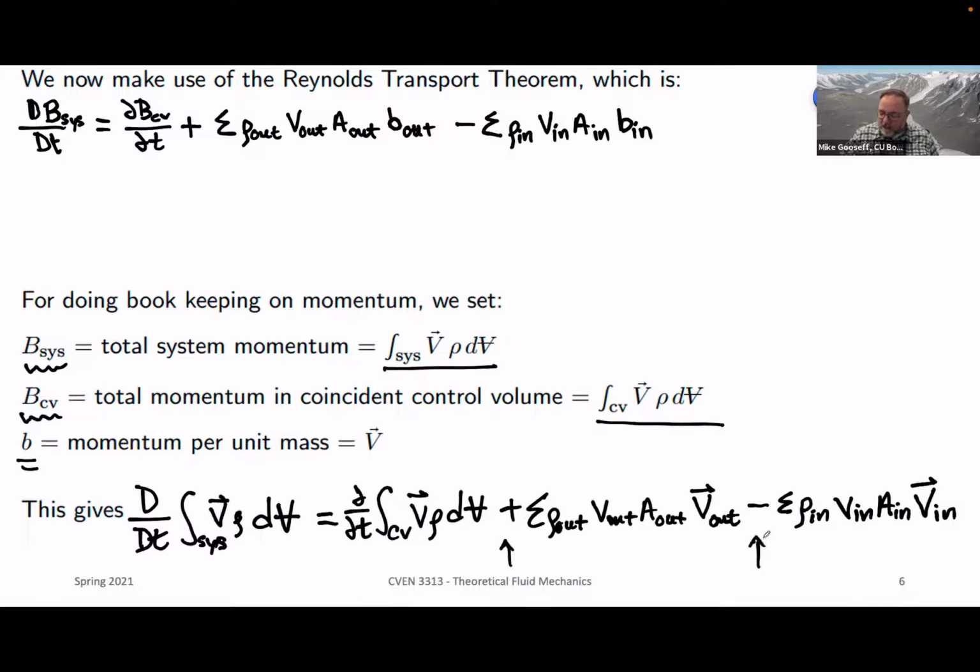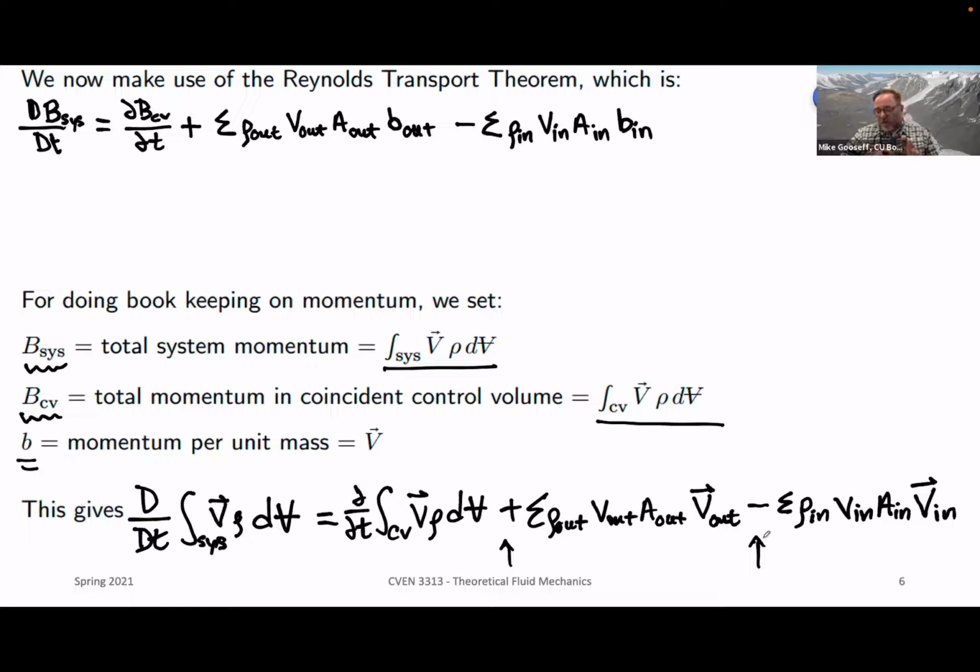Okay, one thing I want to point out real quick is that the plus here and the minus here are already taking care of the vector approach where we looked at n hat. Remember, the normal vector is always normal to the control surface, pointing away from it. Therefore, the minus and the plus have already taken care of that.